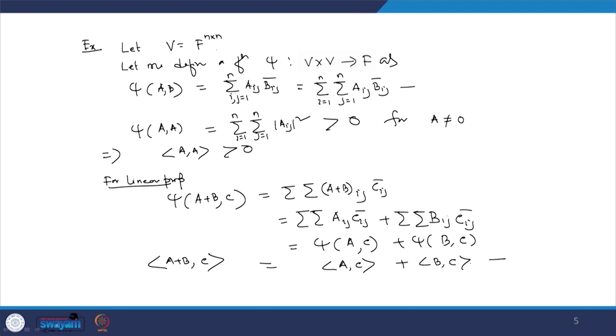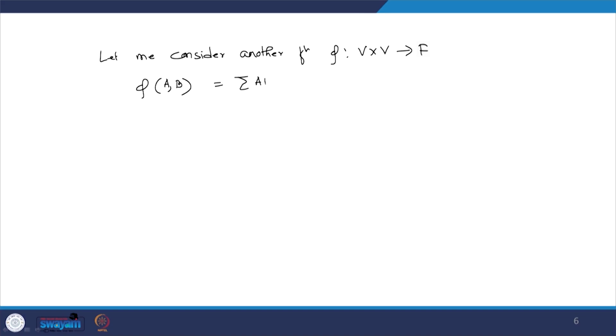Now, over the same space, let me consider another function, say phi from V cross V to F, defined by phi of A comma B equal to (A B star)_ii.